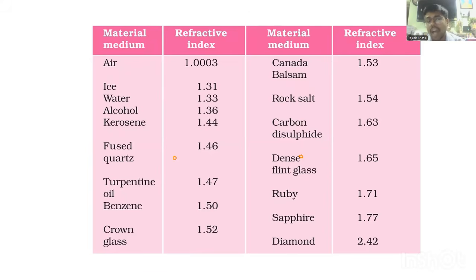If somebody asks among ice, water and diamond who has more optical density, it is diamond, because of more refractive index. Between ruby, sapphire and diamond, who has less optical density? They are directly proportional, like your resistance and length. Refractive index and optical density are the same, direct.